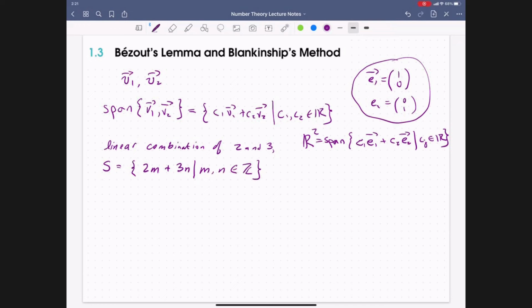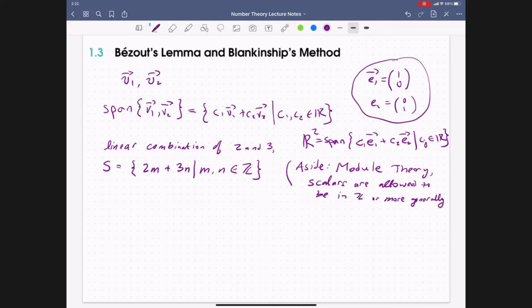And so just as an aside, this is part of what generalizes to what is known as module theory, which is a generalization of linear algebra, where scalars are allowed to be in Z, or more generally, in a ring.